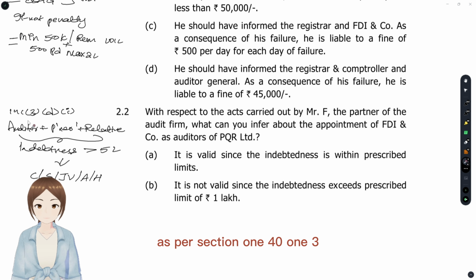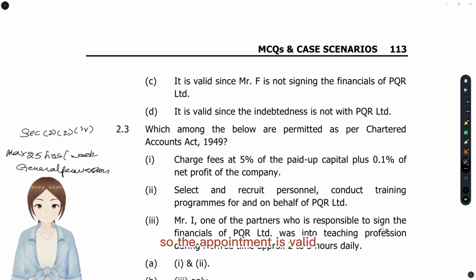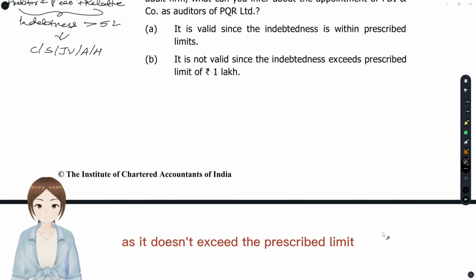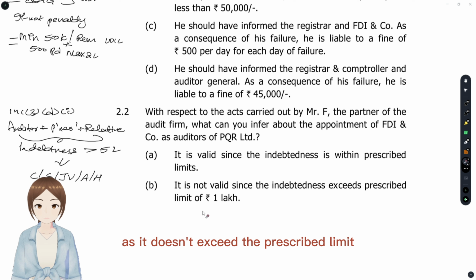As per section 141(3)(d), the auditor, his partner or his relative should not be indebted to the company for more than 5 lakhs. Mr. F had borrowed 3.89 lakhs, so it's within the limit, and there's no implication with that. So the appointment is valid as it doesn't exceed the prescribed limit. It is within the prescribed limits.